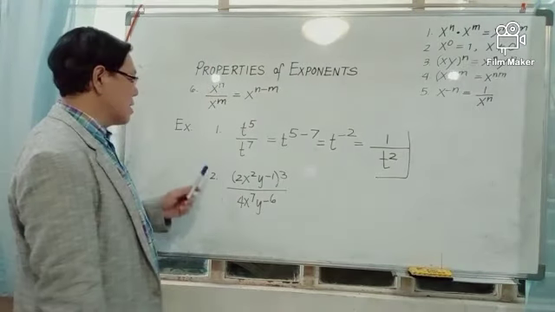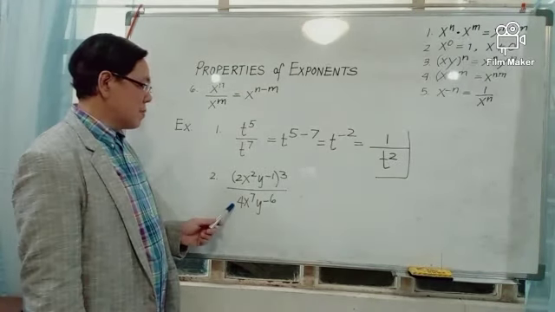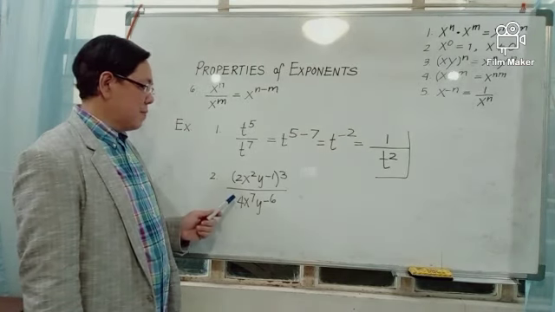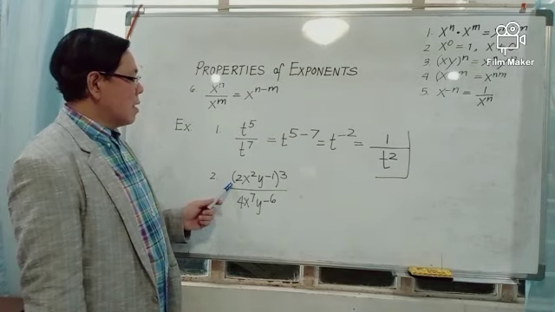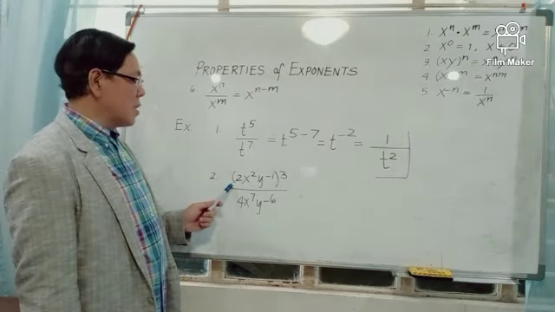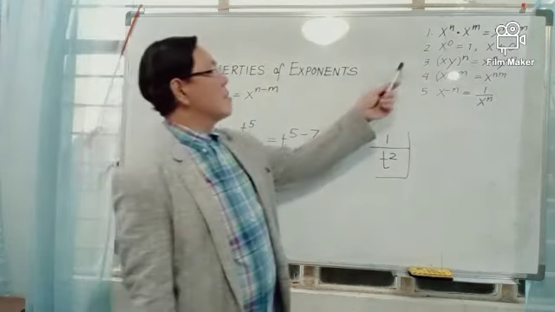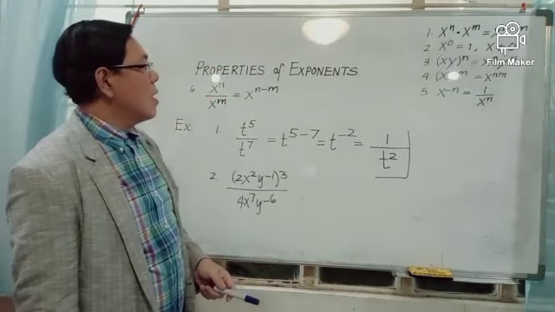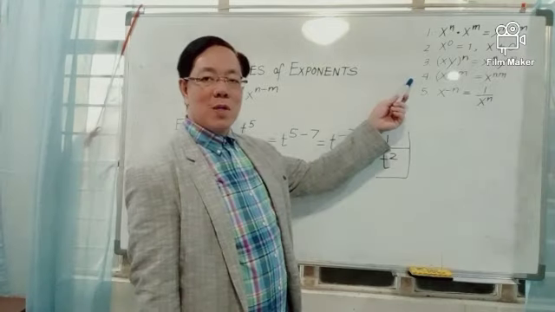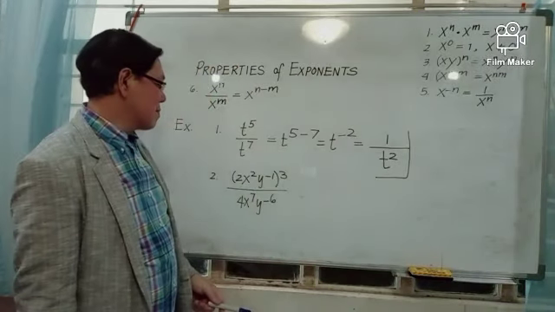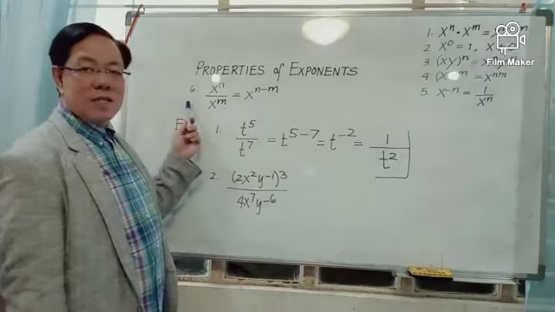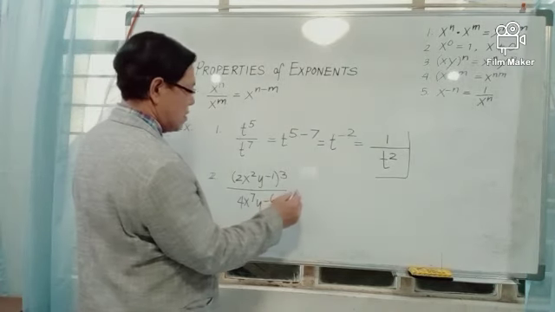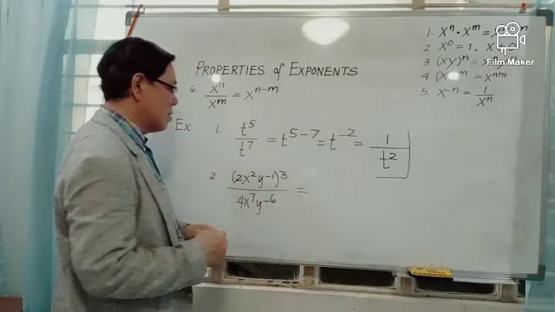We simplify example 2. We start by simplifying the numerator. To simplify the numerator, we apply the 3rd property of exponents, and then the 4th property, and then the 6th property of exponents. We start with the numerator.